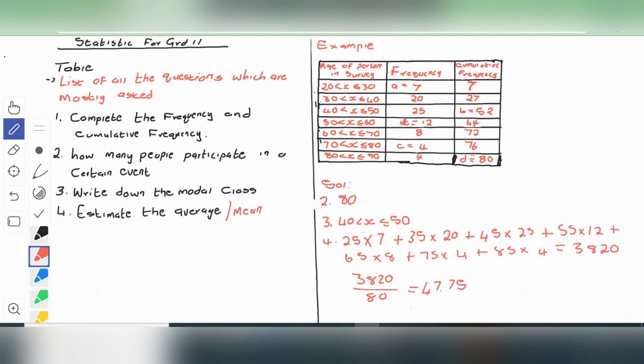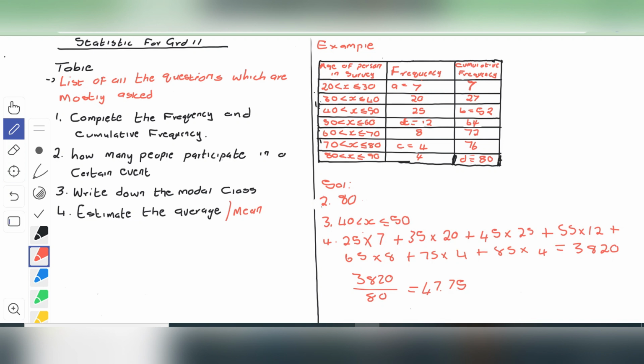If you chose, let's say, 29, you need to go by the width of 9, so it's going to be 29, 39, 49, 59, etc., multiplied by the number of people. From 20 to 30 we know that we have 7 people, so that is 25 multiplied by 7. From 30 to 40 we have 20 people, so if you choose 25 like me, then it's going to be 35 multiplied by the number of people, which is 20.